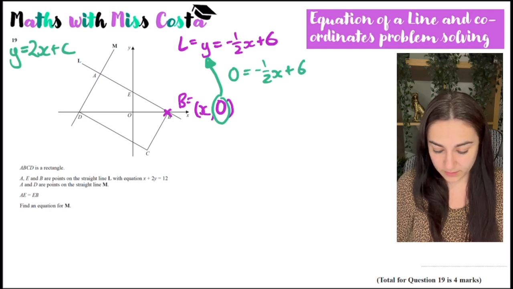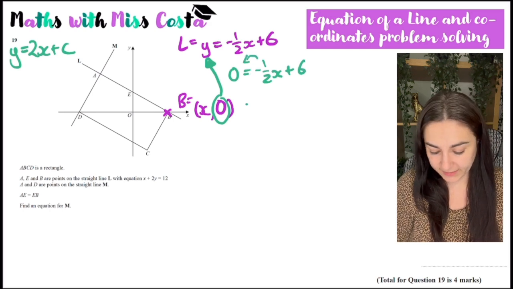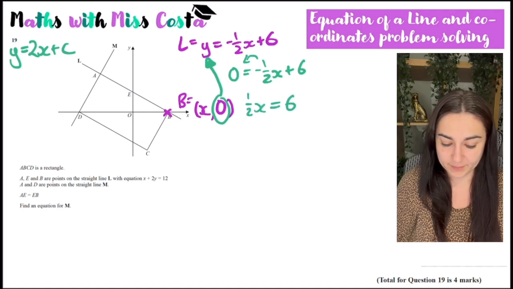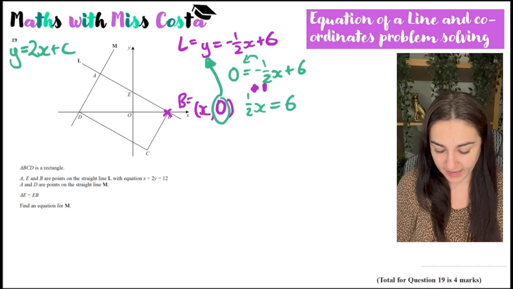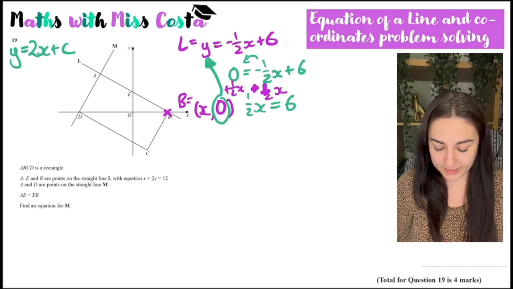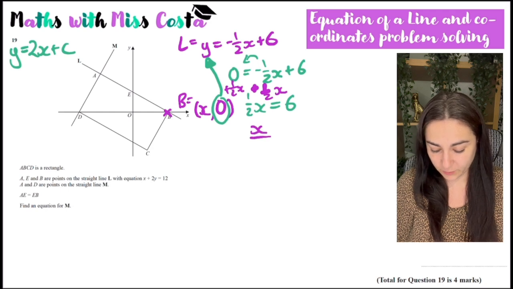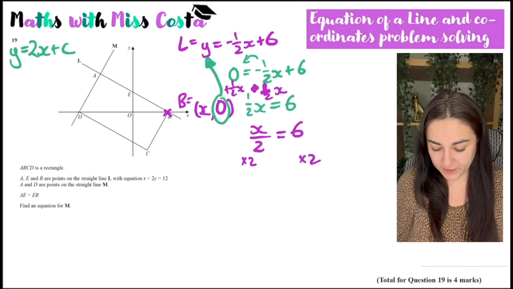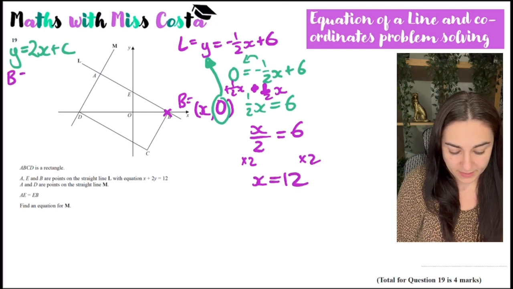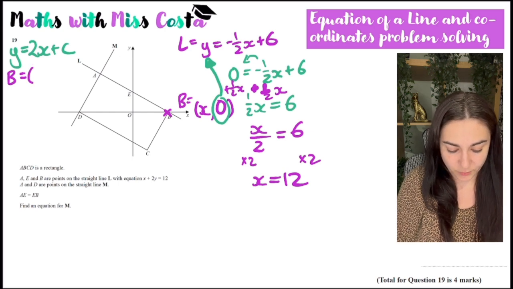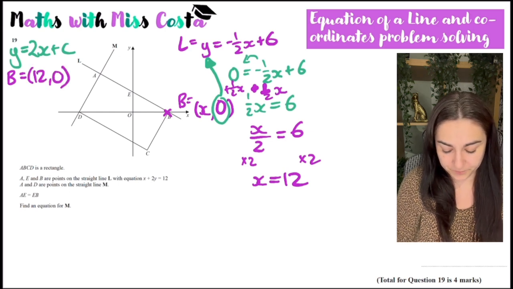Therefore, if I took x onto the other side, half x equals 6, and it's a positive half because I've added a half x to both sides in order to cancel it out. So half x equals 6, or I could write that as x over 2 equals 6. So times both sides by 2, and you know that x equals 12. So the coordinate of B is 12, 0.